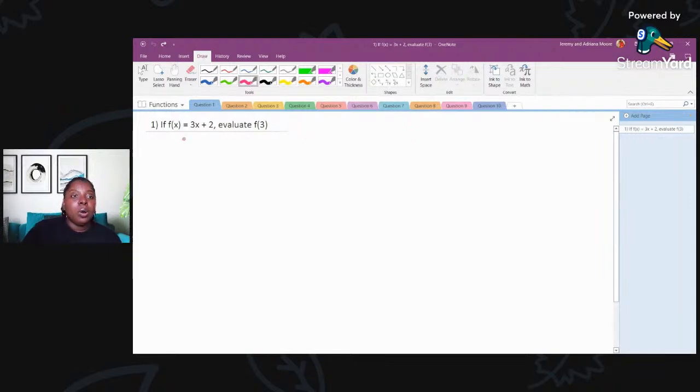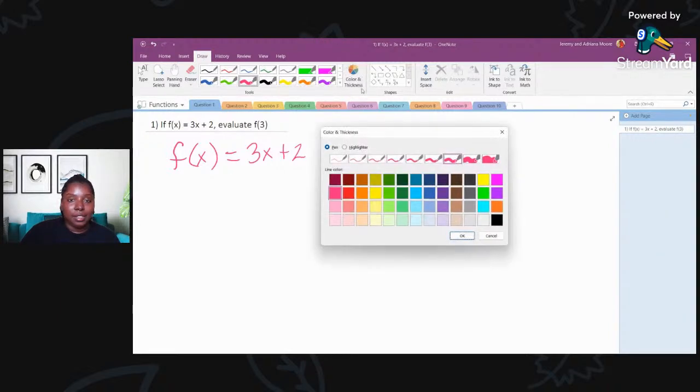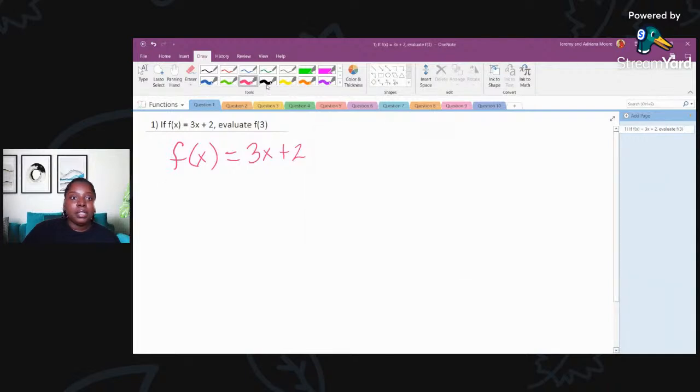Okay. So it says f of x equals 3x plus 2. Find f of 3. Okay, so this means, and actually let me go back to the pink.